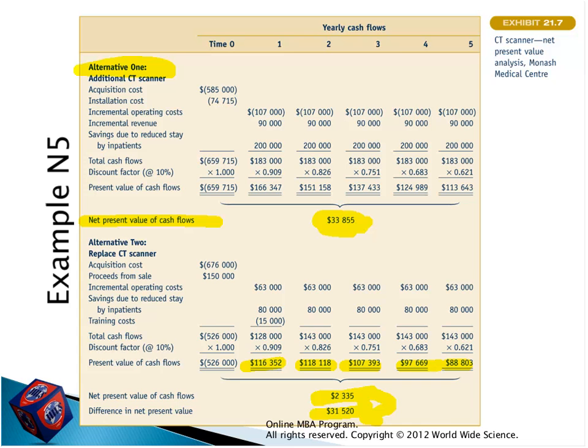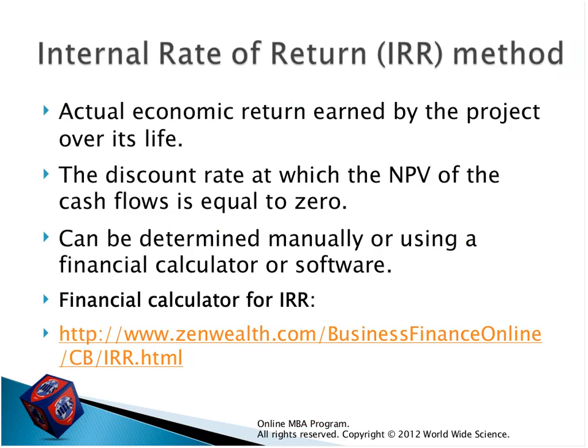Let's continue. Now we are going to move to the second method, which is also based on the discounted rate. It is called internal rate of return, or just IRR. This is actually the economic return earned by the project over its life. With the IRR method, we are going to find how much we can actually earn from the project over its life.